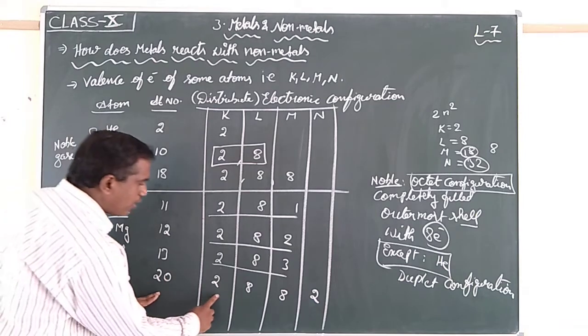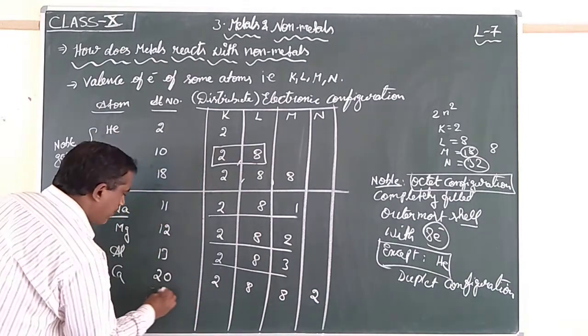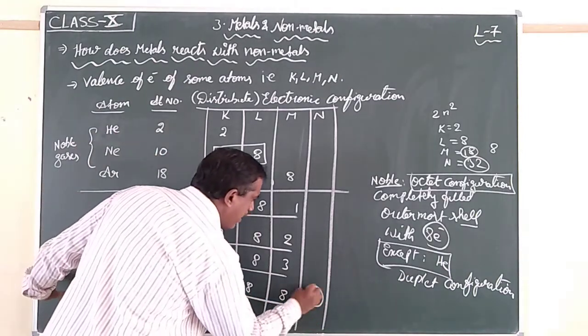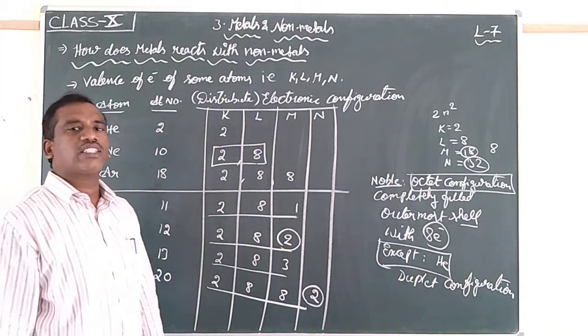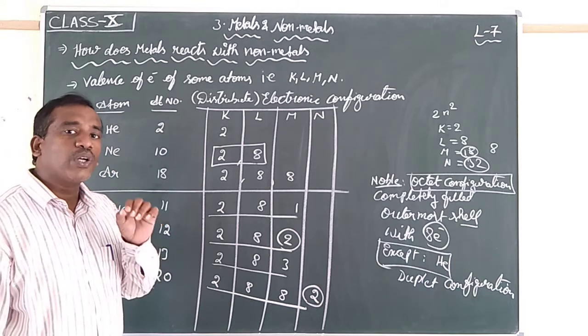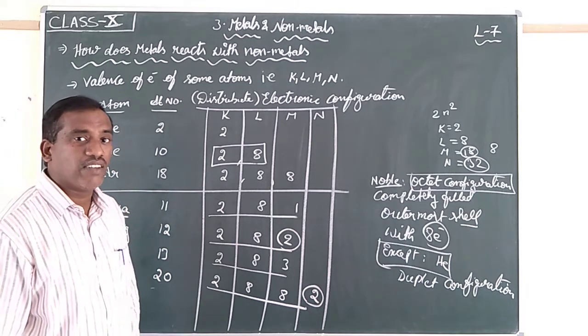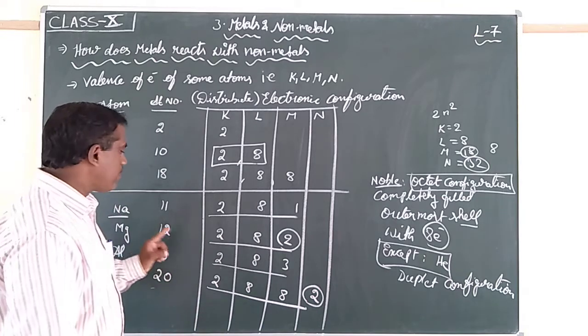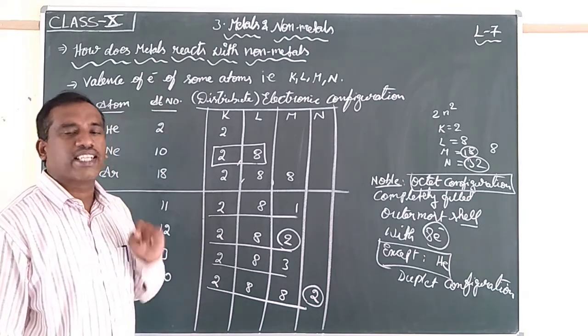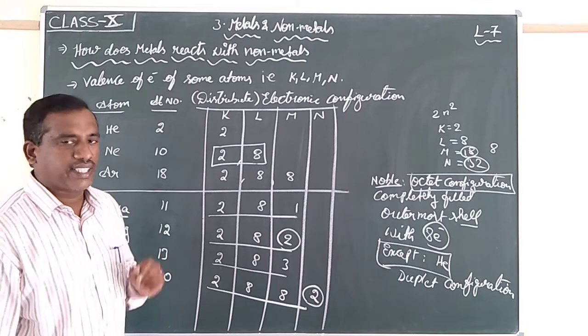Calcium, 2, 8, 2. Means it is having a similar valence electron with magnesium. Valence electrons, when they are similar, then they will be grouped together. So these magnesium and calcium belong to second group. What they belong to? Second group.